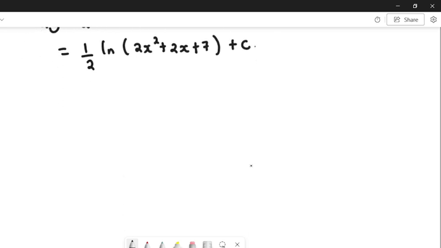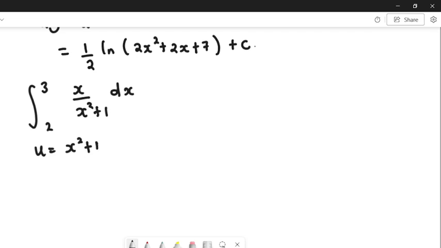Okay, we can now try one with a definite integral. So we have x over x squared plus 1 dx. So u is x squared plus 1, meaning du is 2x dx, which means we can get a half du.